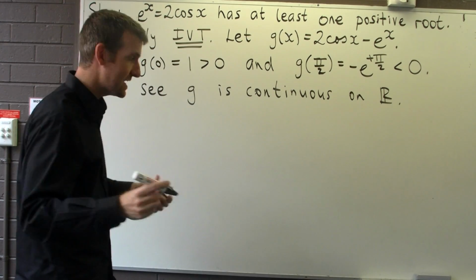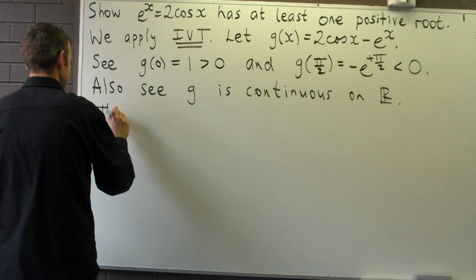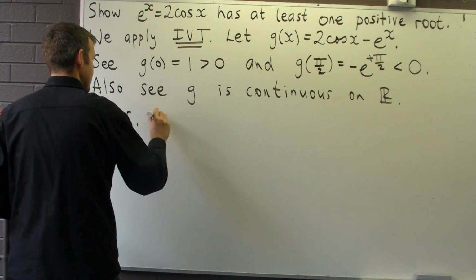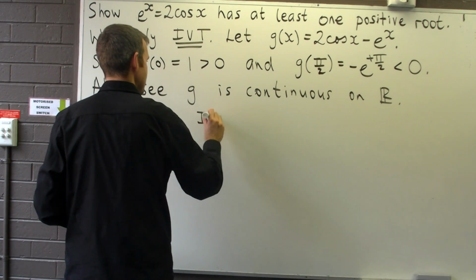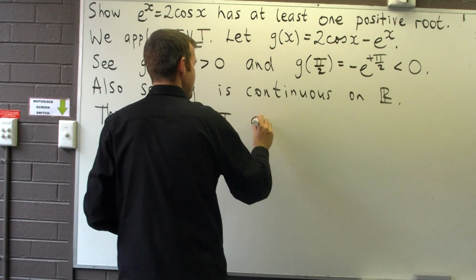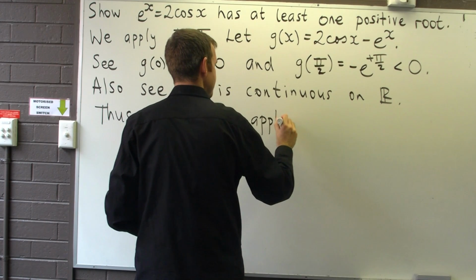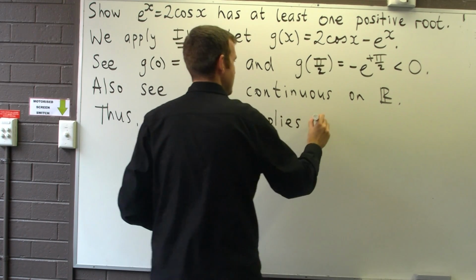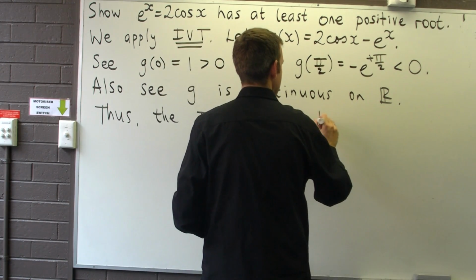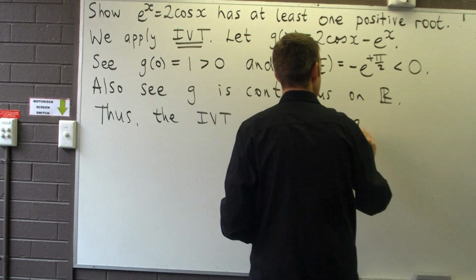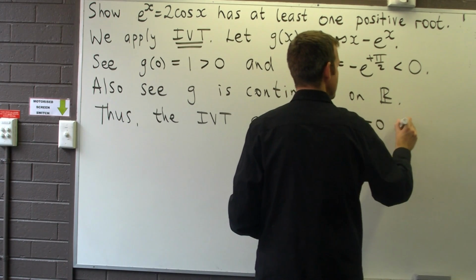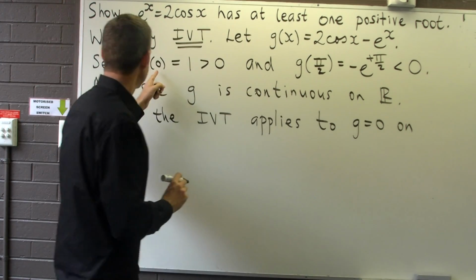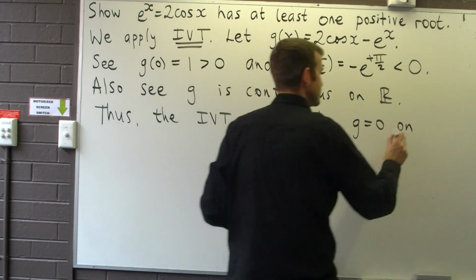Okay, so thus the IVT applies to g equals 0 on the interval 0 to pi on 2.